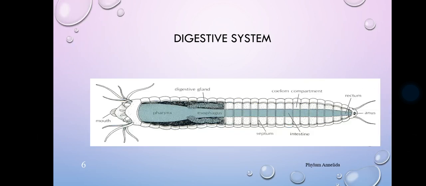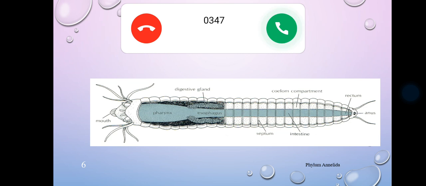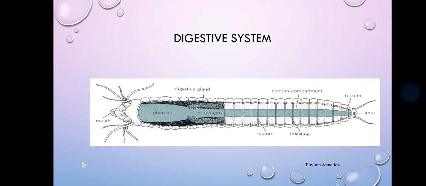Digestive system. This is the digestive gland: mouth, pharynx, digestive gland, esophagus, septum, intestine, coelom compartments, rectum, and anus.